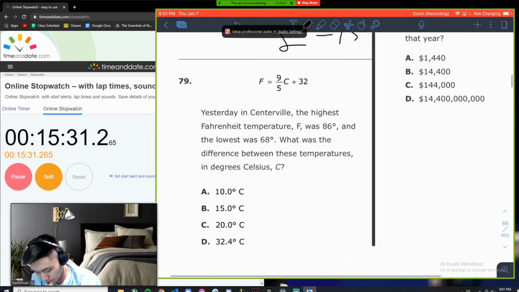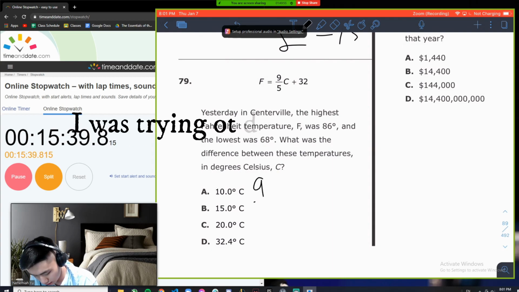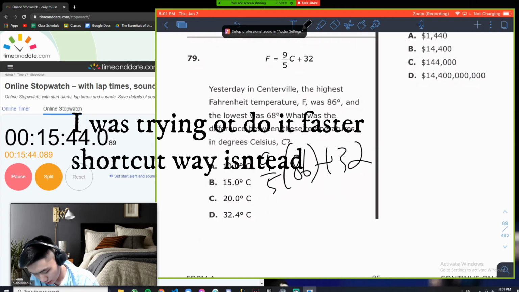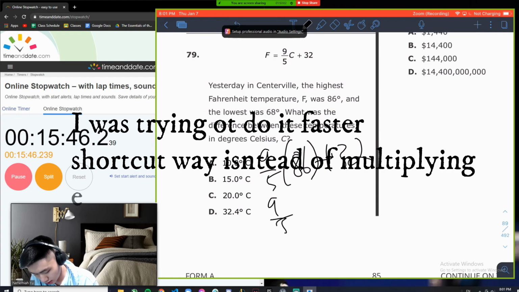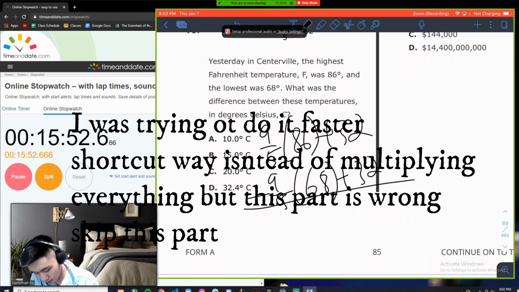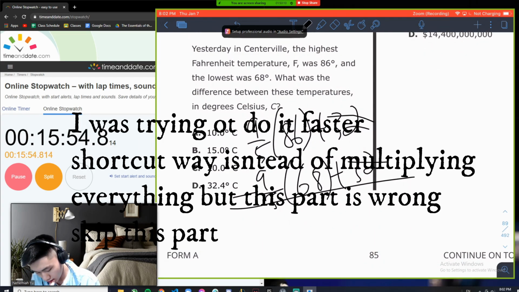Okay, this is temperature conversion. Okay, well, you just plug in 9/5, 86 plus 32. 9/5, 68 plus 32. And find the difference of that. So these cancel out.